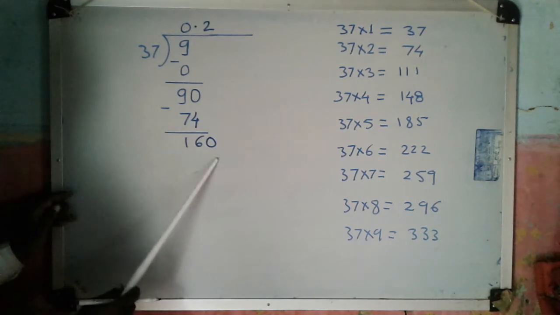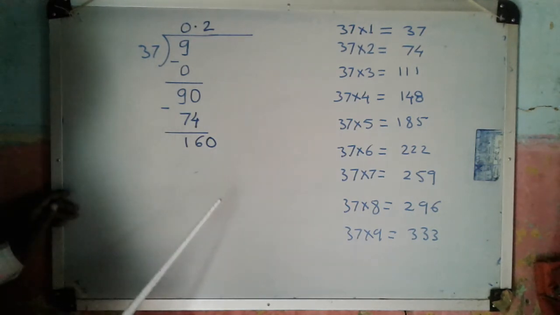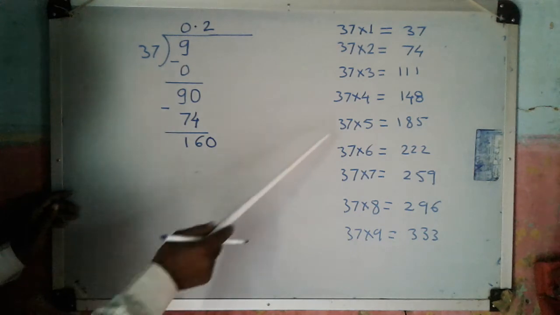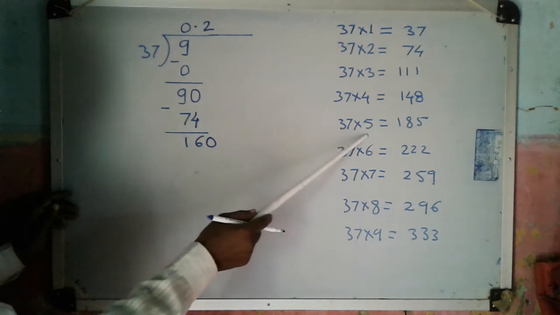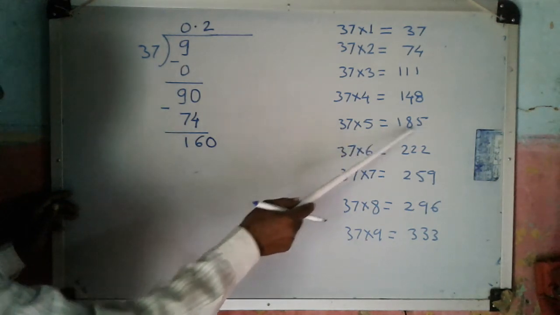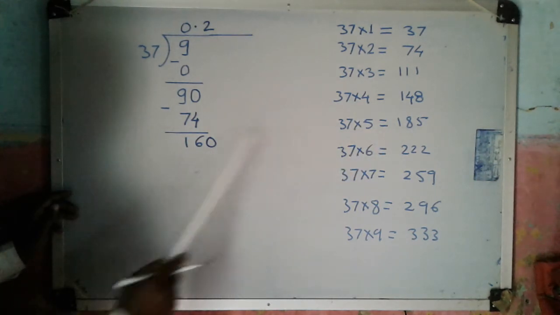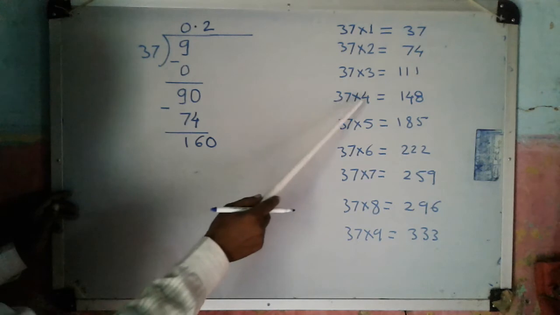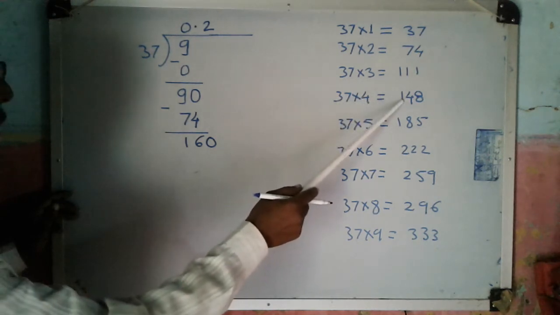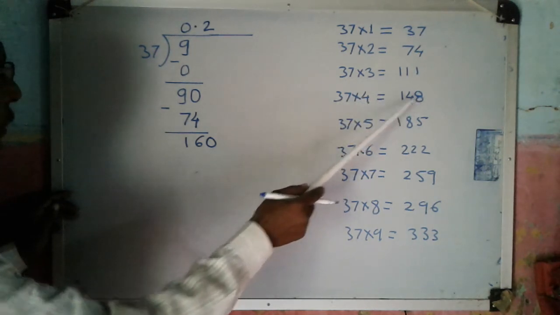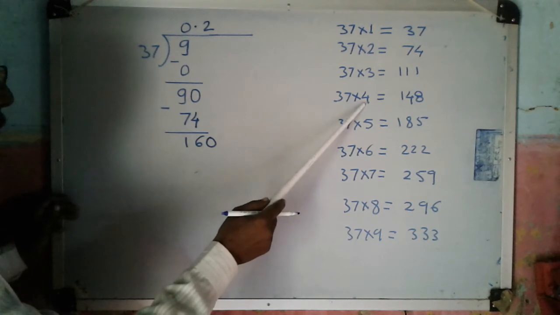Now divide 160 by 37. 37 5s are 185, so 185 is more than 160. And 37 4s are 148. So this is the perfect quotient here.